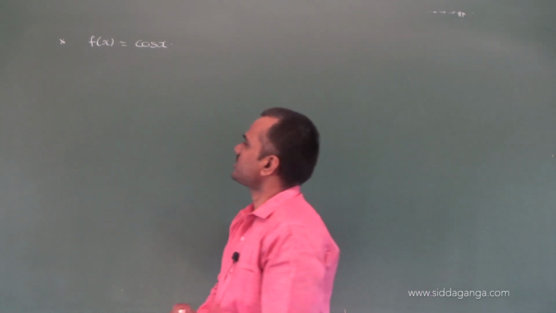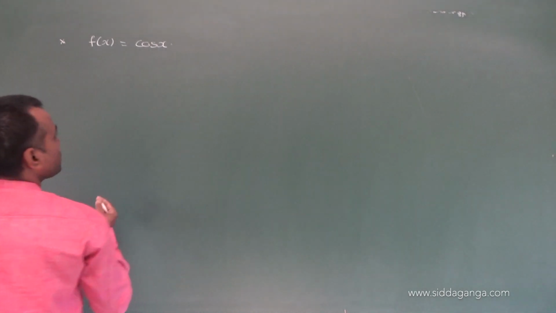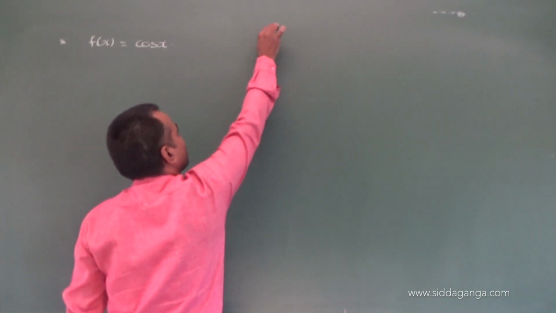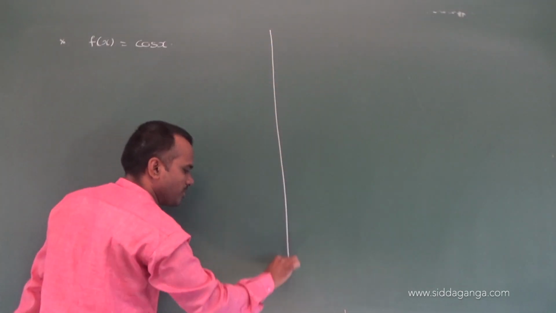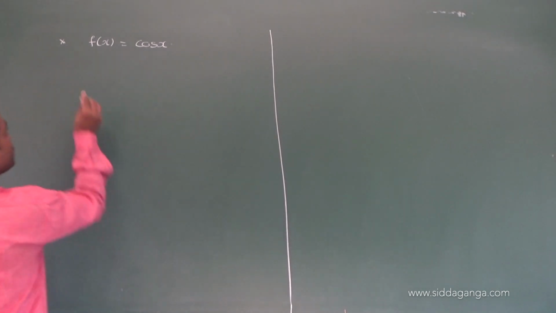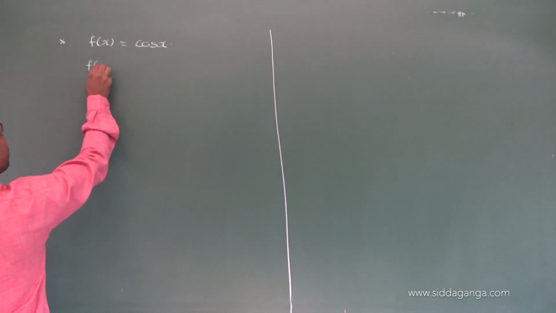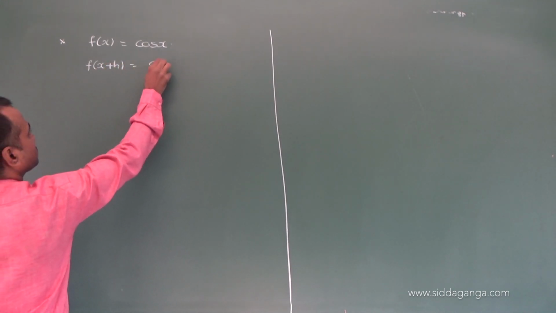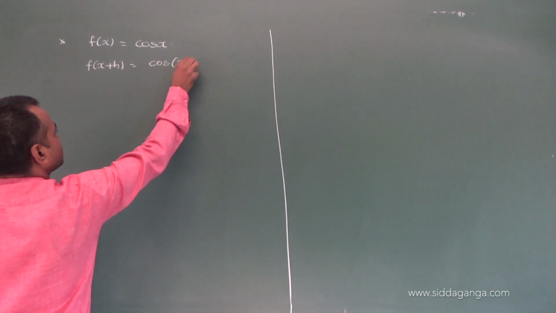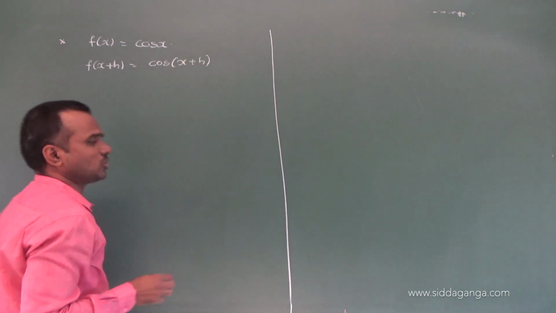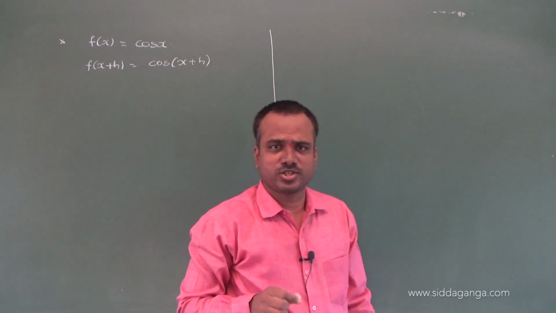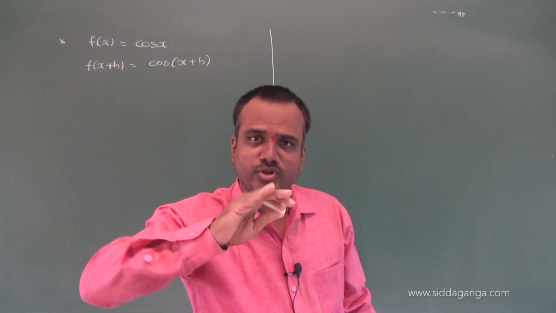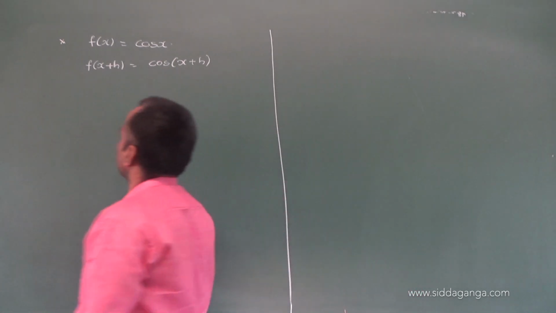Correct? For the second trigonometric function, same procedure we follow as usual, same method. So f of x plus h is cos of x plus h, wherever x, substitute x plus h.